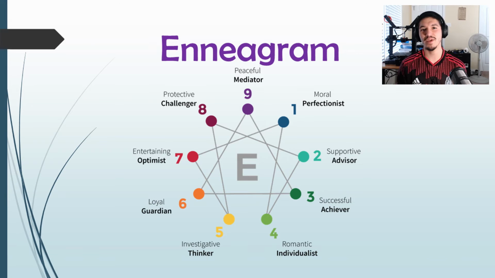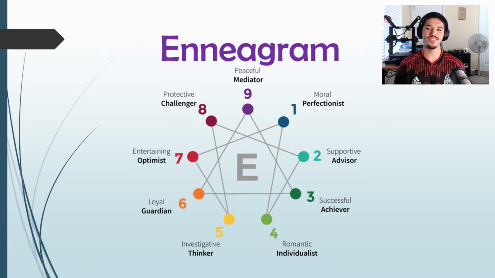And security, mainly security. For type 7s, it's basically fun. If something isn't fun, they most likely will not do it, right? Type 8s, they are driven by control or their fear of being controlled or not having control. And for type 9s, they like harmony between everybody. So they'll try to find common ground in arguments and things like that, right?